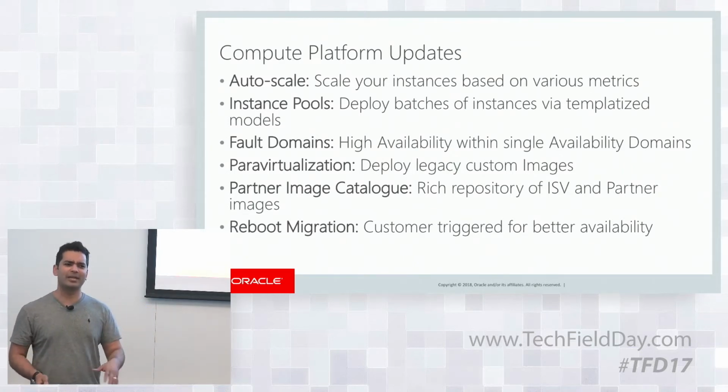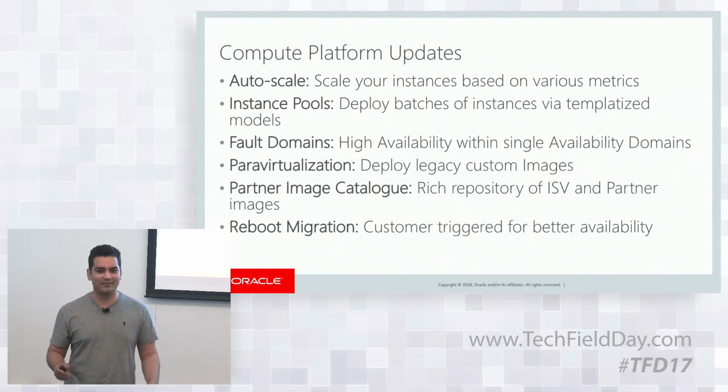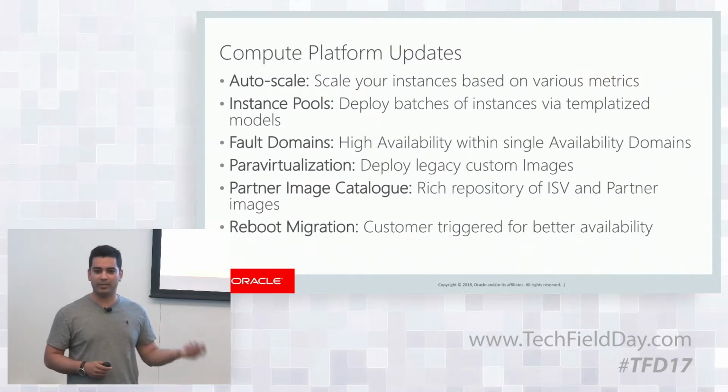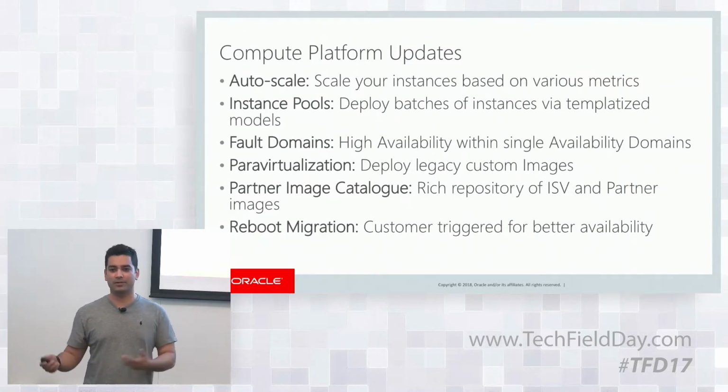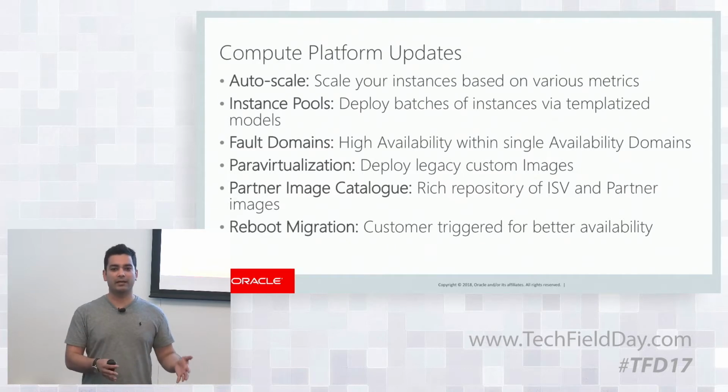By the way, when I say shape, we really just mean size, instance shape. It's our naming convention. Fault domains. When we launched Bare Metal Cloud, now called OCI, a couple of years ago, we introduced the fact that we have 3 availability domains within a single region. Virginia, as an example, has 3 availability domains, AD1, AD2, AD3. Now we're going even further down, and we're saying within a single AD, you're going to be able to get fault domains.